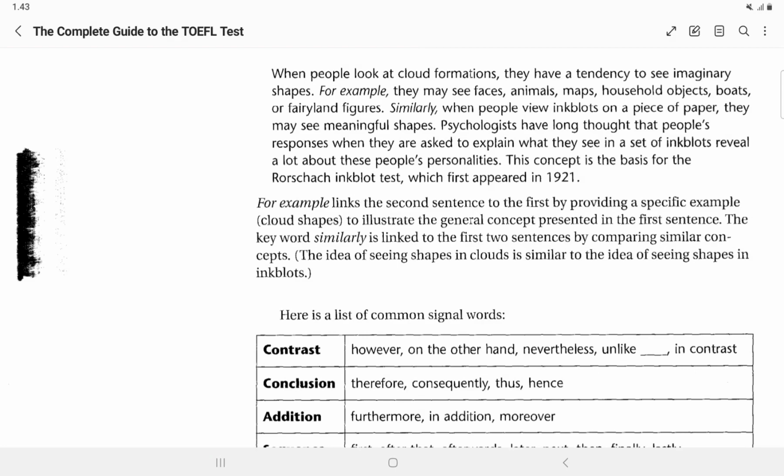Psychologists have long thought that people's responses when they are asked to explain what they see in a set of ink blots reveal a lot about these people's personalities. This concept is the basis for the Rorschach ink blot test, which first appeared in 1921. For example links the second sentence to the first by providing specific examples of cloud shapes to illustrate the general concept presented in the first sentence.